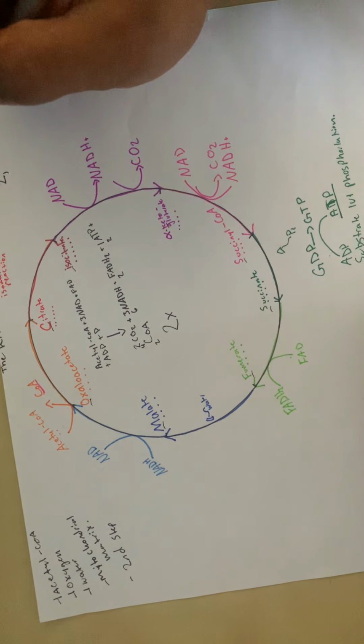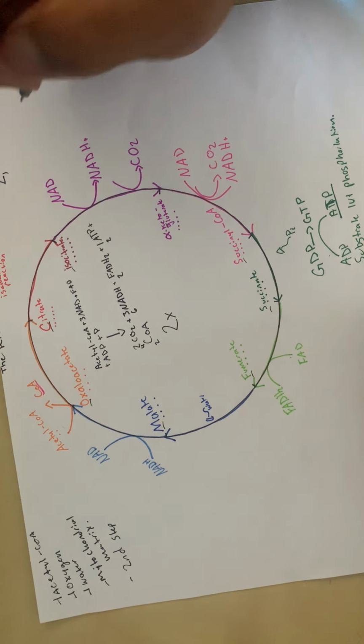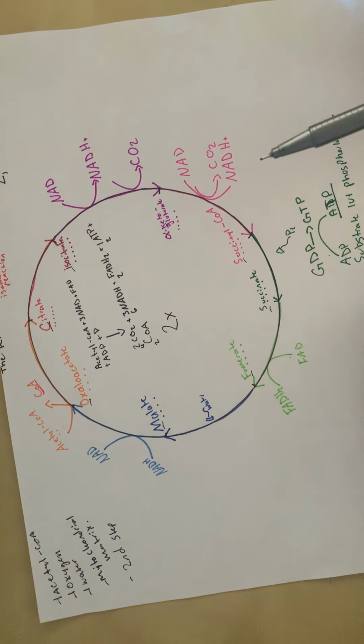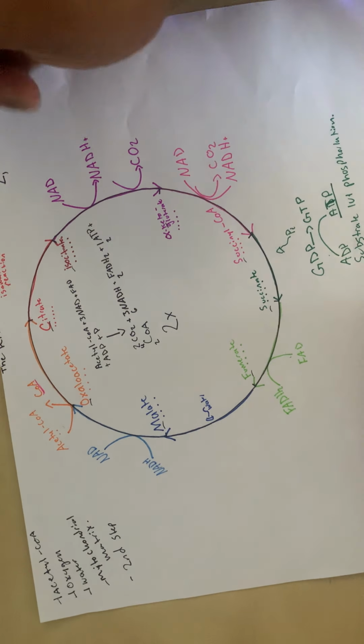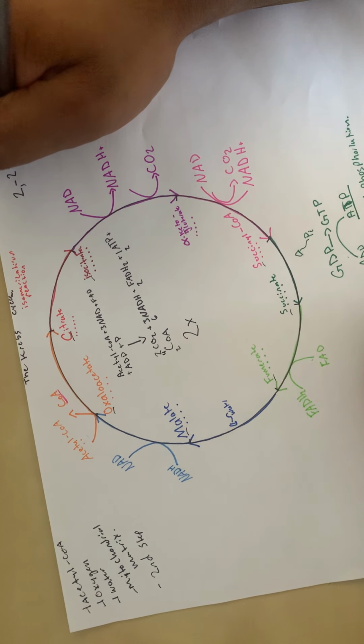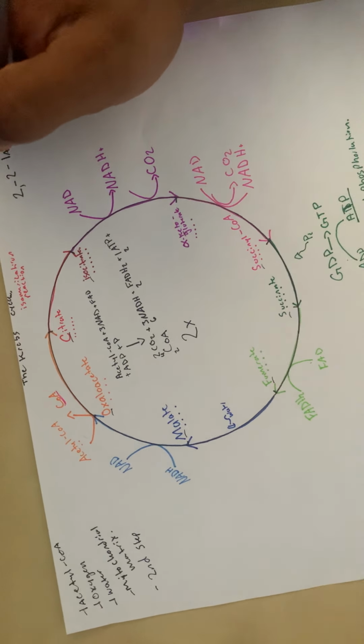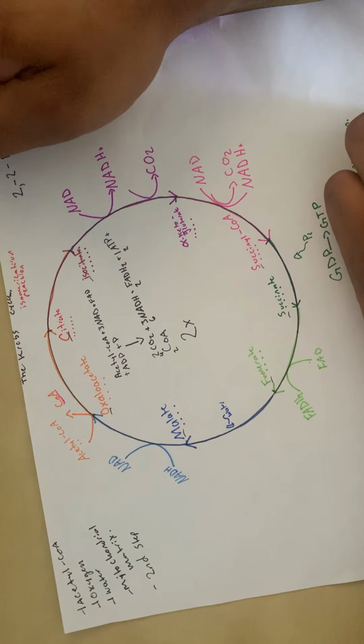The next step, succinyl-CoA turns into succinate, which turns ADP into ATP. So 1 ATP. So I do a 1A. The next step, we have one more oxidation.